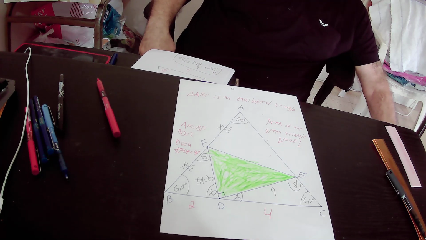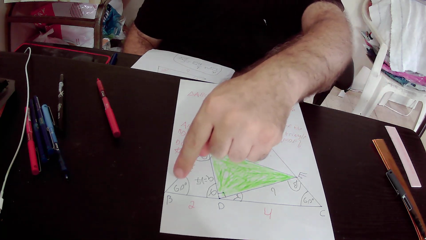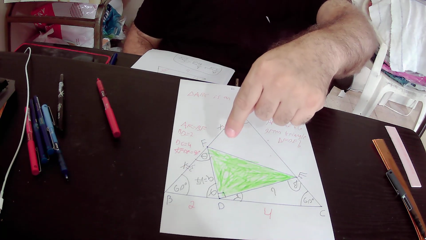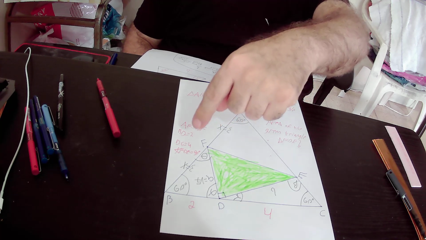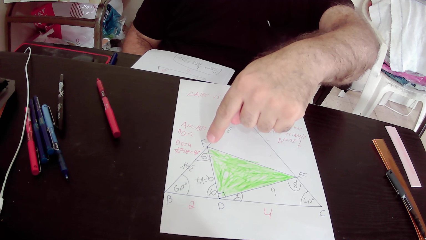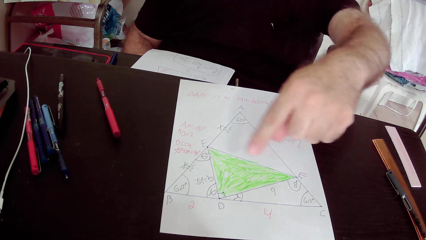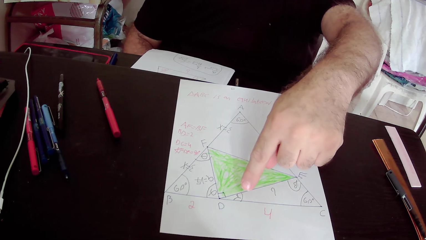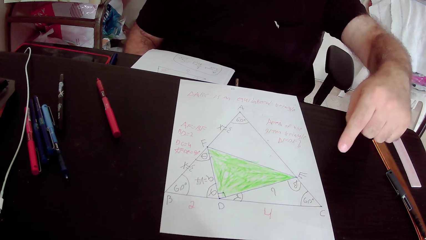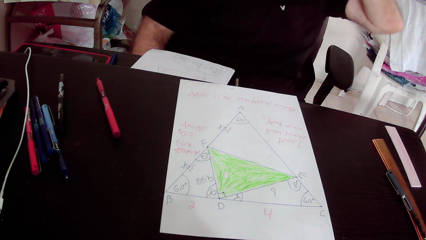In the next step, we defined angle DFB as theta. We defined angle BDF as alpha, and then we defined angle EDC as gamma, and angle CED as beta.